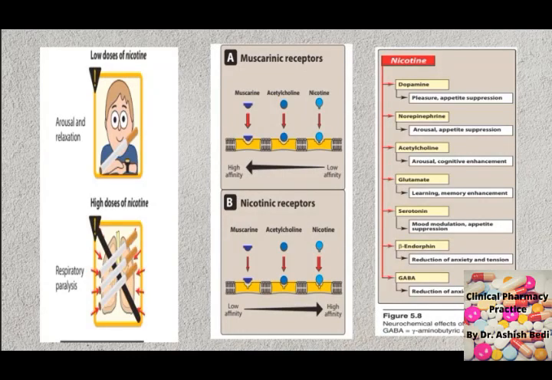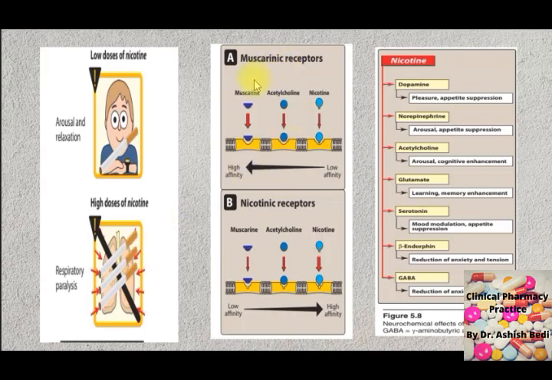We already studied that low doses of nicotine cause arousal and relaxation, and higher doses of nicotine cause respiratory paralysis. For the time being, just keep in mind that low doses of nicotine cause arousal and relaxation, and high doses cause respiratory paralysis.